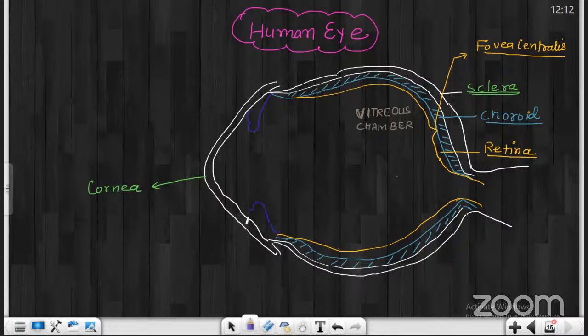Like this. This particular region is your ciliary body. Right. So we call it ciliary body, writing here.